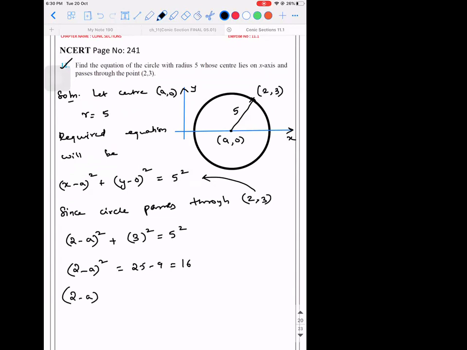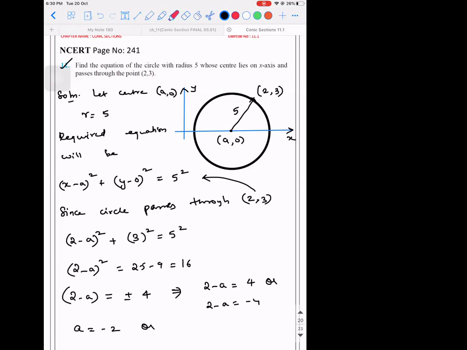So 2 minus a will be equal to plus or minus 4, which implies 2 minus a can be 4 or 2 minus a can be minus 4. If 2 minus a is 4, a will be minus 2, or if 2 minus a is minus 4, then a will be 6. Out of these two, there is only one circle that is possible.